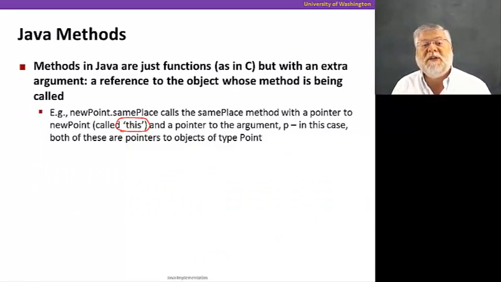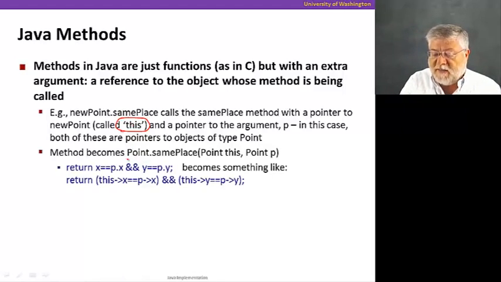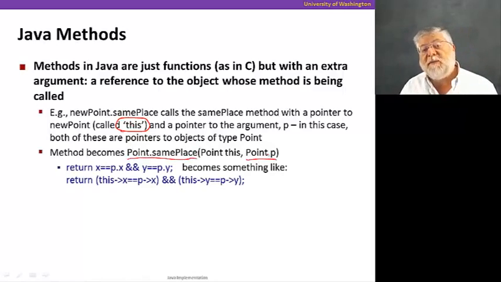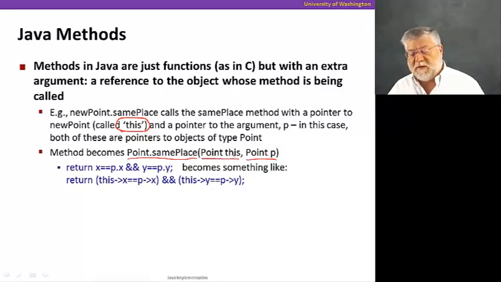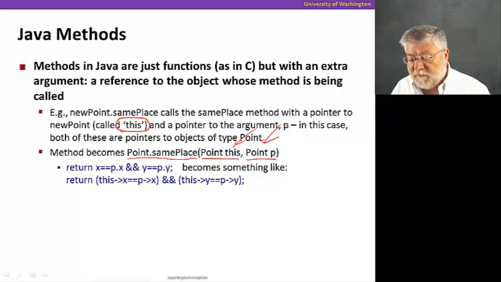That's a built-in keyword that says we're talking about the reference to the current object. All right, so all of our methods really have this as the first argument. So the method samePlace, which was defined with a single argument, p, really has two arguments, this and p. So those two pointers point to those two objects in memory.